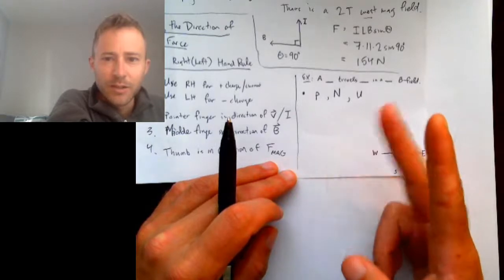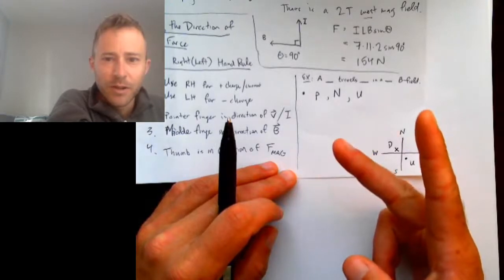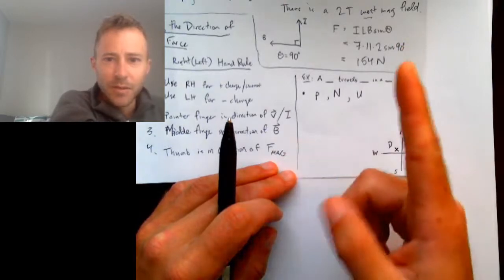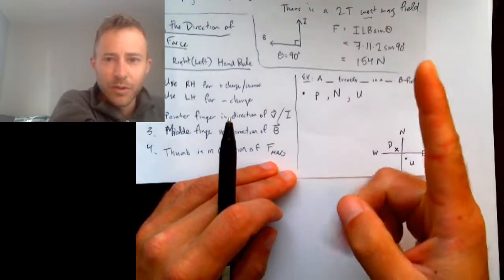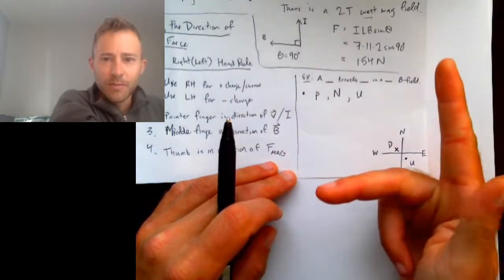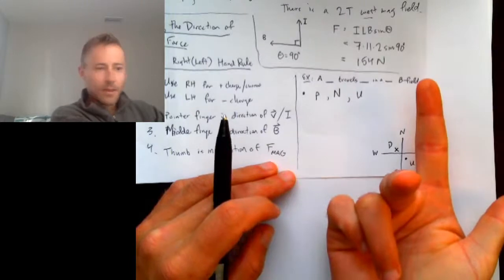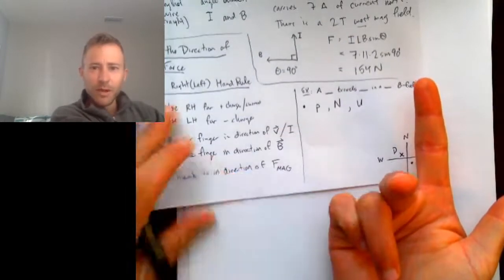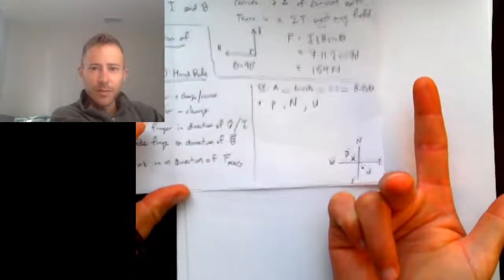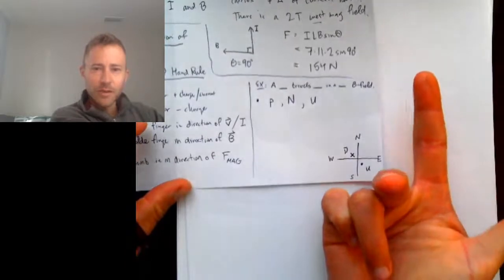So what I need to do is point my middle finger upward. I'm keeping my pointer finger going north, but I'm going to rotate my hand so that, see how my middle finger is pointed up towards the camera. See my compass rose right here, okay?